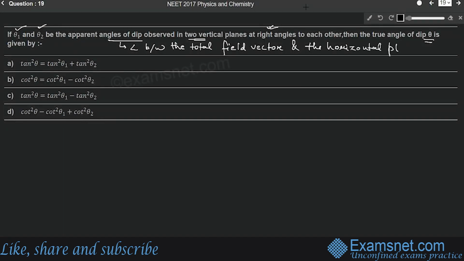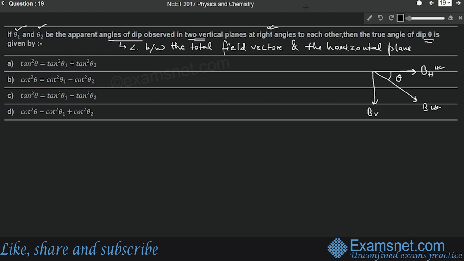We know that the magnetic field has two components, the horizontal component, that is BH, and the vertical component, that is BV, right? And this is the total field vector, say B. Now the angle that this total field vector B forms with respect to the horizontal is known as angle of dip. So this angle theta is the angle of dip that has to be determined in this question.